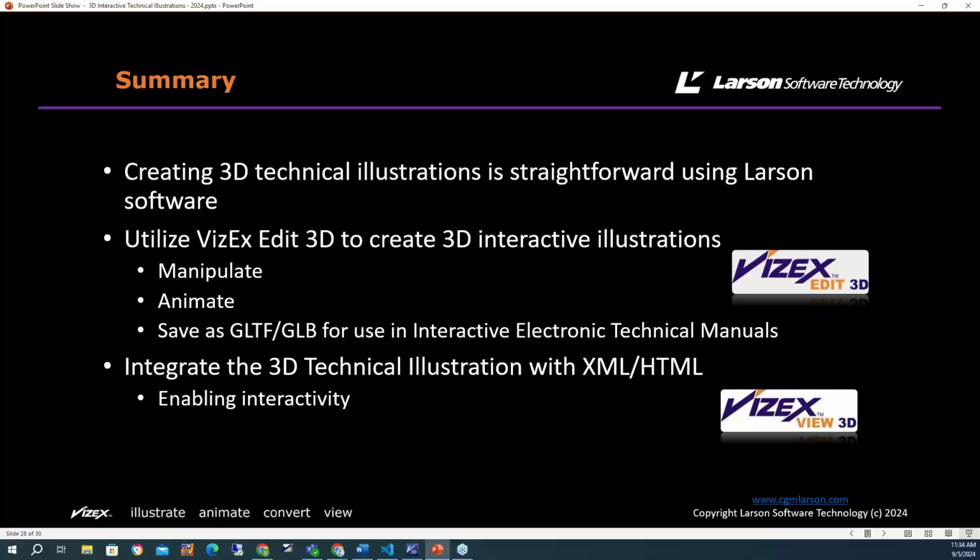You can see how we can manipulate the model, animate the model, and then save as a GLTF or GLB file to be viewed in our viewer, or another GLTF or GLB viewer, and then integrate that with the XML or HTML for your completed IETM for the customer. And it's got full interactivity, and that is really a big benefit of the 3D.